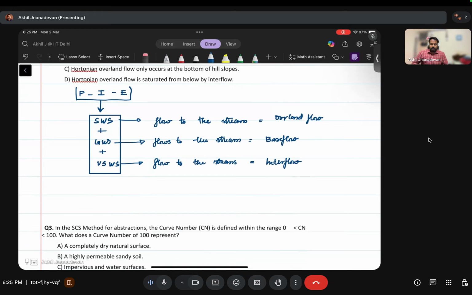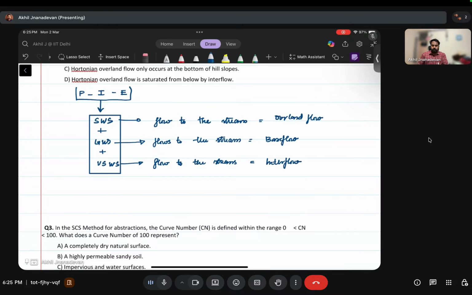So those are the three types of flow. The precipitation occurs, then it is intercepted, and then evapotranspiration takes place. Whatever water remains will be stored in the surface, in the groundwater, and in the unsaturated zone. There are three types of storages.